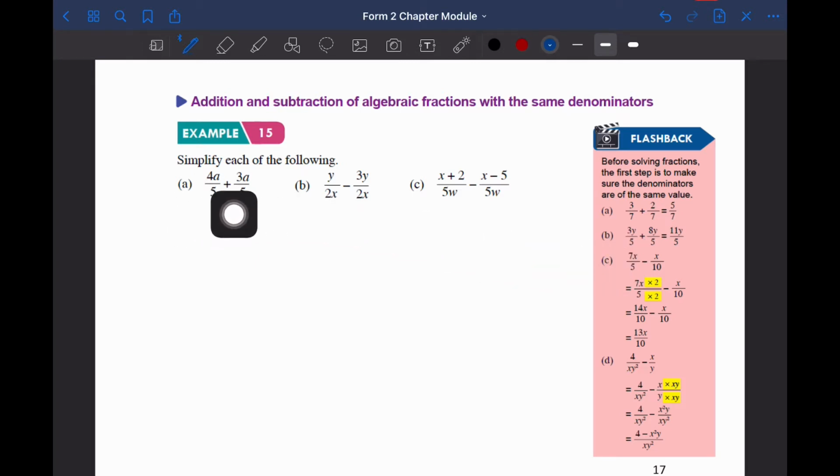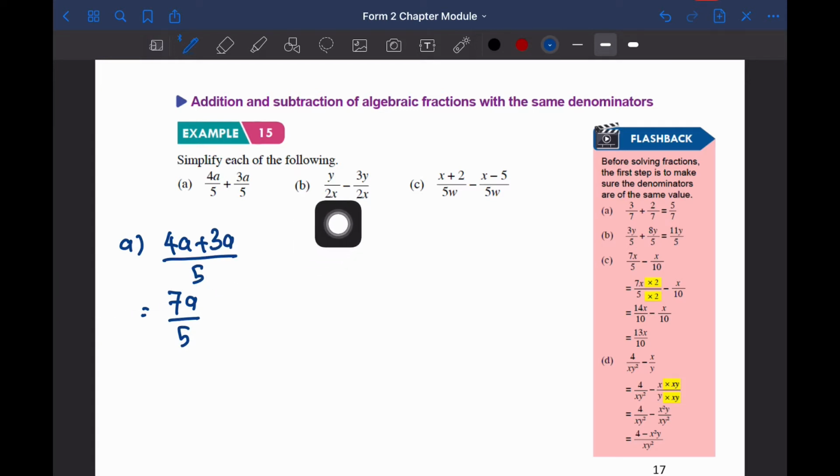First we have fraction plus fraction. So the denominator is the same. So kalau bahagi bawah dia ni sama, so kita boleh teruskan, tak ada masalah. So the first one A, we have 4A plus 3A over 5. So your answer is 4 plus 3 is 7A over 5. Next we have y minus 3y.